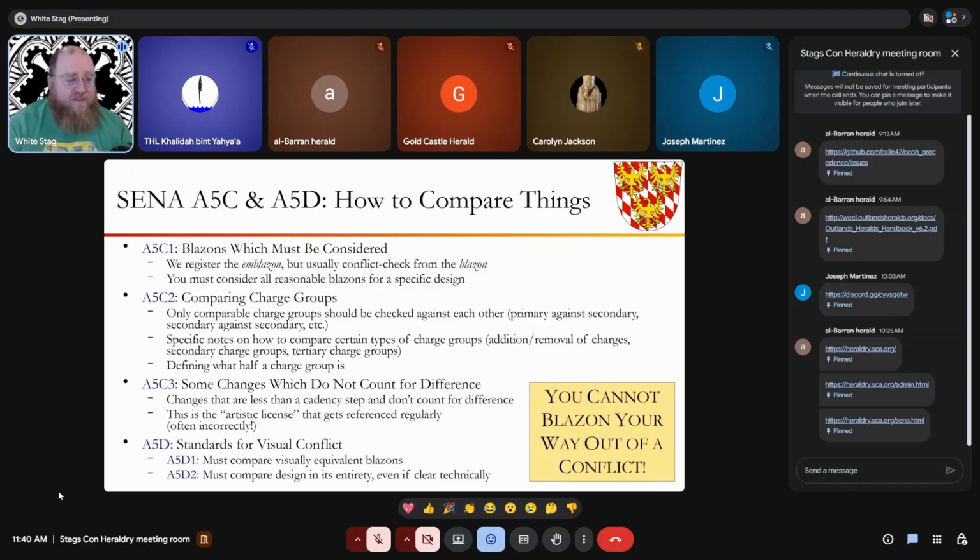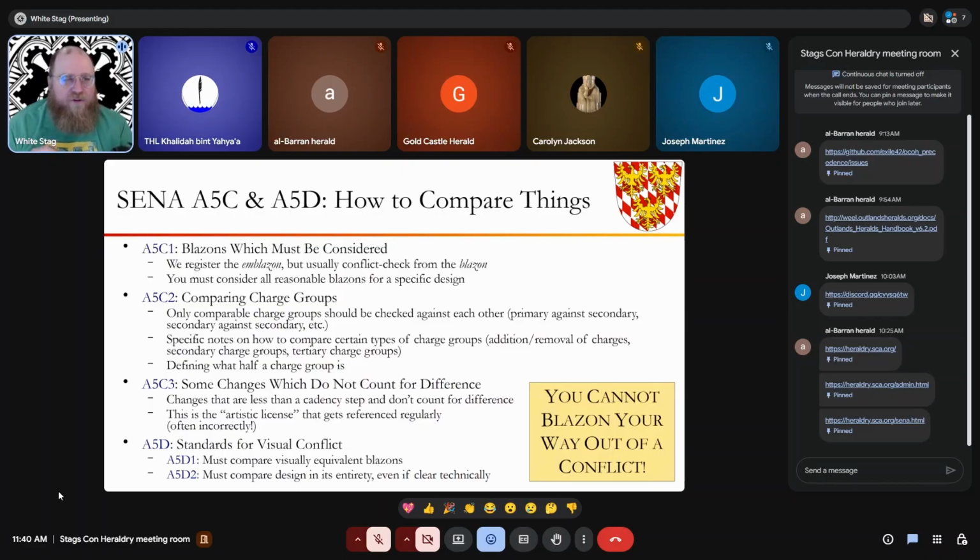So the example of a pale fimbriated being equivalent to a primary argent pale with a tertiary sable pale, where they both count for difference, or the fimbriation not counting for difference and just a primary sable pale. Those are both reasonable blazons for that design, which you will need to conflict check independently.